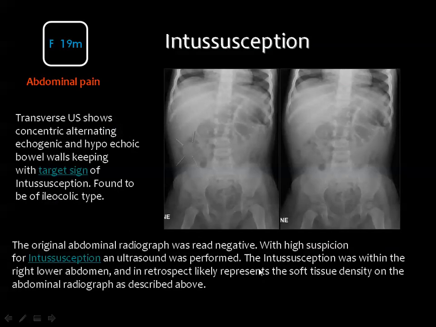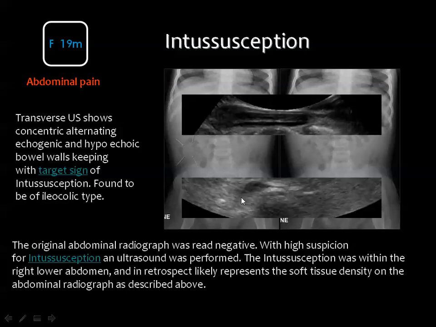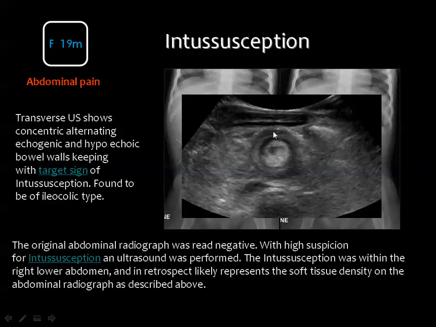In this plain film, you are not, of course, able to diagnose that this is the site of intussusception, but because the clinical symptoms in the patient are highly suggestive of intussusception, an abdominal ultrasound was performed and showed the classic appearance of intussusception, which is known as the target sign.